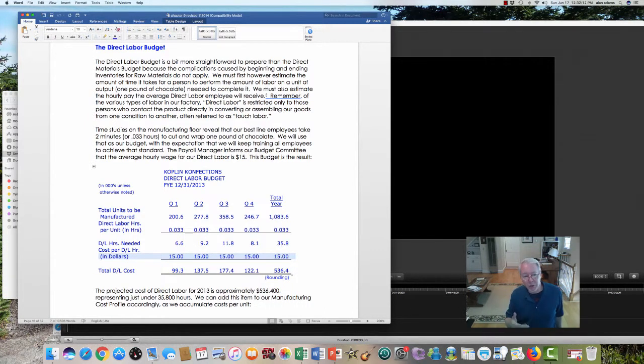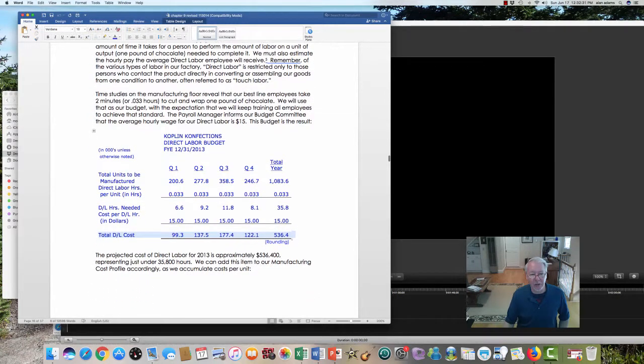Personnel or human resources also knows that we're holding them to a standard of $15 when they do their hiring. So we're goal setting here for evaluating the performance of these people. By multiplication, we now know our direct labor cost in the first quarter. It's $99,300.